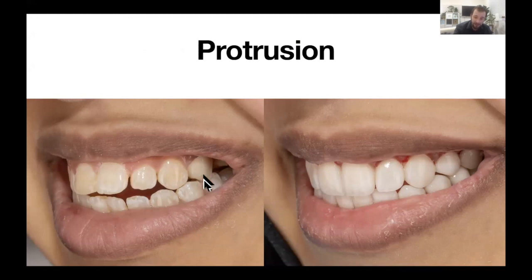Believe it or not, in this patient, the patient was not complaining about the color. She was not complaining about anything in the smile, even the open bite. She just wanted to close this gap and to reduce the protrusion.